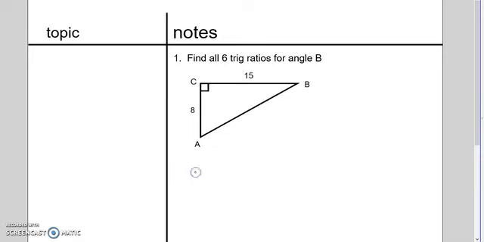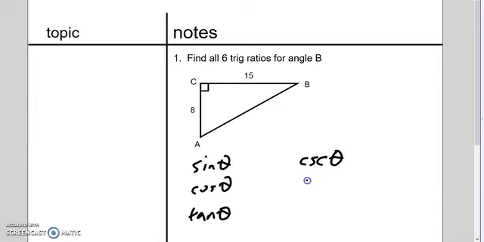So let me just write them down. I have sine theta, cosine theta, tangent theta. Now if I have to solve for all 6, I just write all the 6 down, and then I write them in relation to each other. The reciprocal of sine is cosecant, the reciprocal of cosine is secant, and the reciprocal of tangent is cotangent. So I write those next to each other like that.